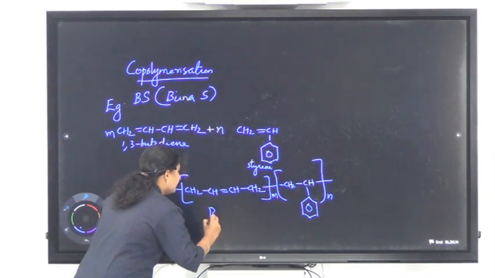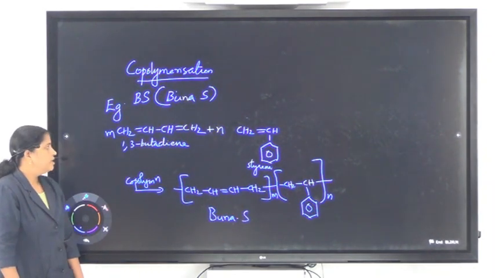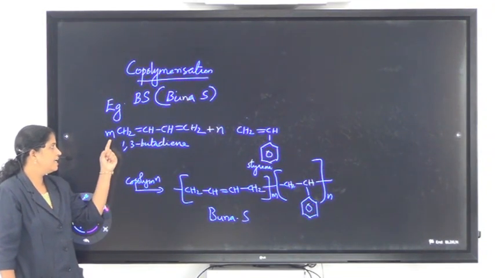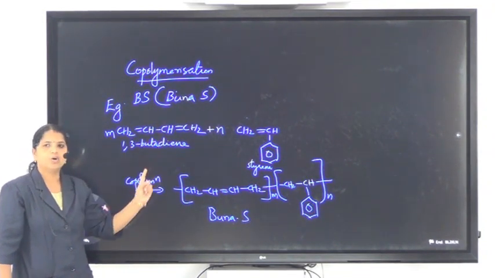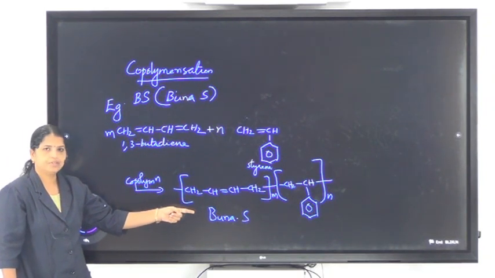So this is Buna-S. Then see the reaction. Different monomers, 1,3-butadiene and styrene, taken in different proportions, undergo copolymerization and form Buna-S.